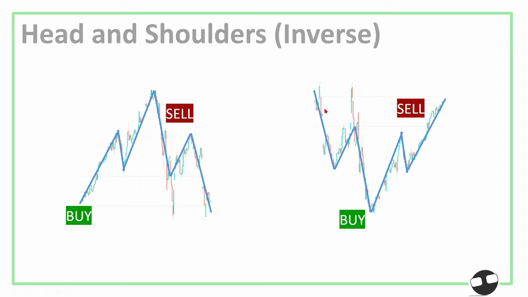And same as this one, the inverse head and shoulders. So this is actually key level here. This is your base support here that you may want to consider buying here. And once it's actually breached this key level here, then that would give you a signal for a selling, because it would retrace and then before it's going uptrend.